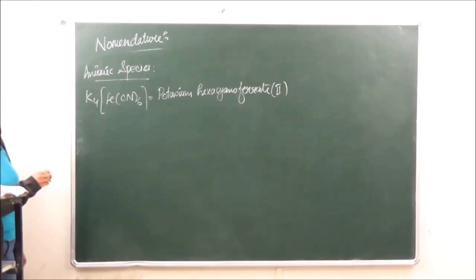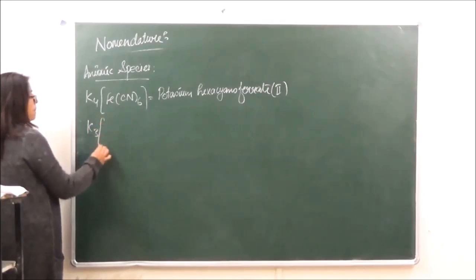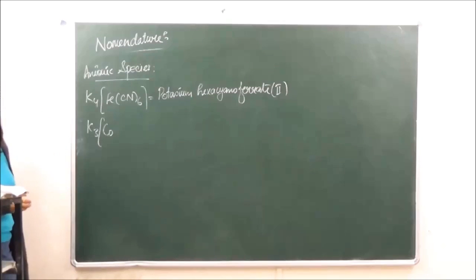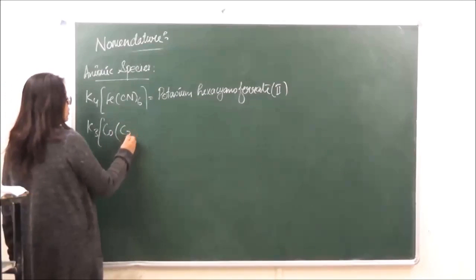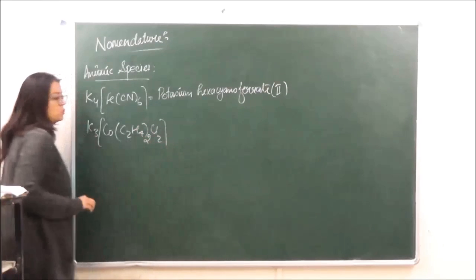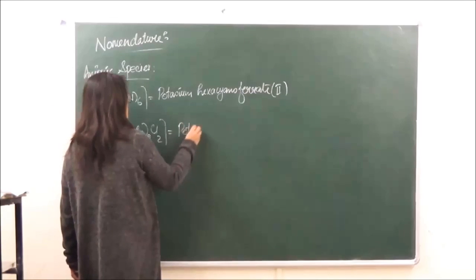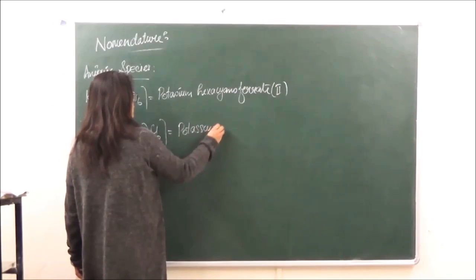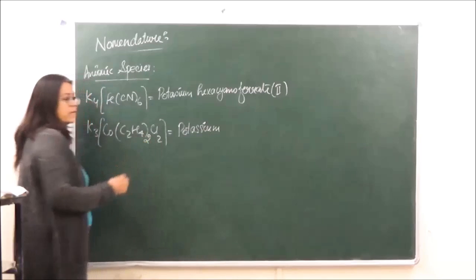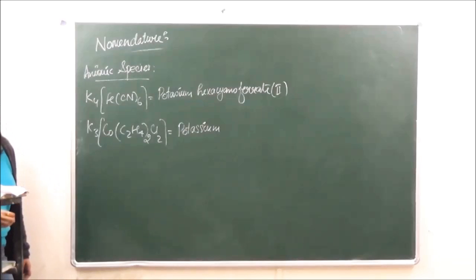Then let's take another example. We have K3 Co C2O4 whole twice Cl2. Again over here the counter ion is potassium, so we will write potassium first. Now we have two ligands. This is oxalato and this is going to be chlorido. So we are going to first name chlorido.